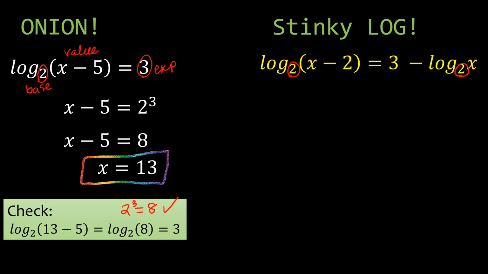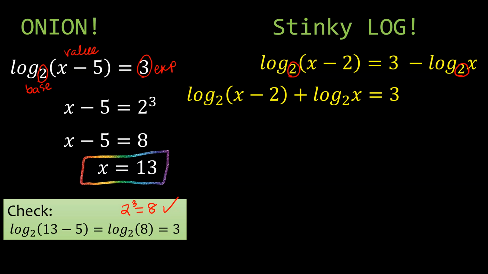Which is the previous lesson. So let's go ahead and get these logs on one side. That means add log base 2 to both sides of the equation to undo subtraction.